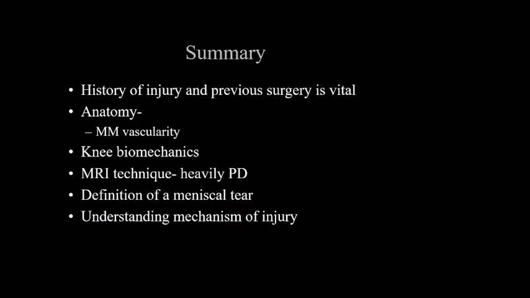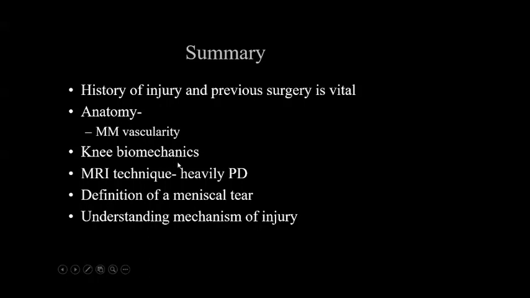Okay, so to summarize, what we talked about was mainly knee anatomy. We talked about the anatomy of all the knee structures, the menisci, the cruciates, collaterals, extensor mechanism, and also talked about some of the knee biomechanics and most common mechanism of injuries.